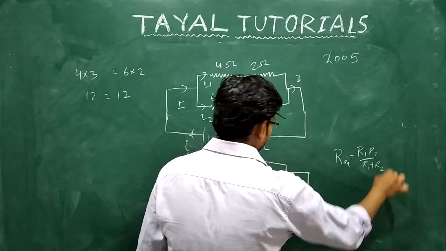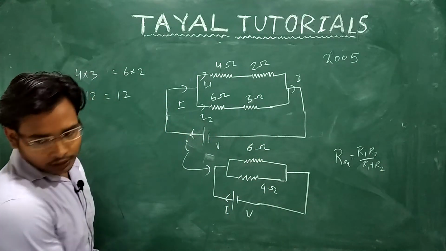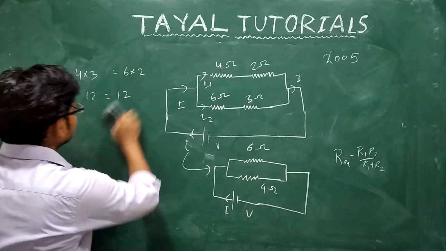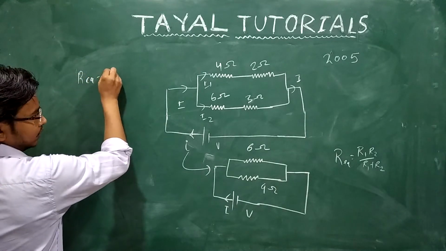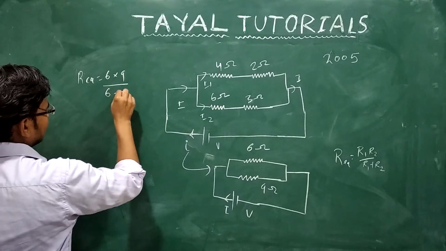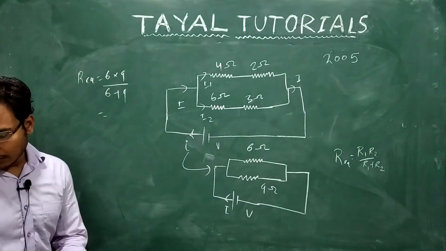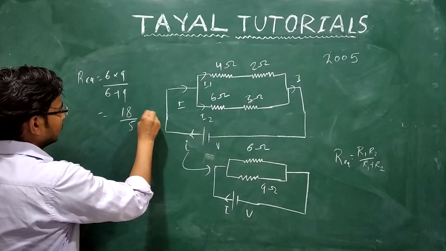So R equivalent will be 6 into 9 upon 6 plus 9, that will be 18 by 5. R equivalent will be 18 by 5 ohm.